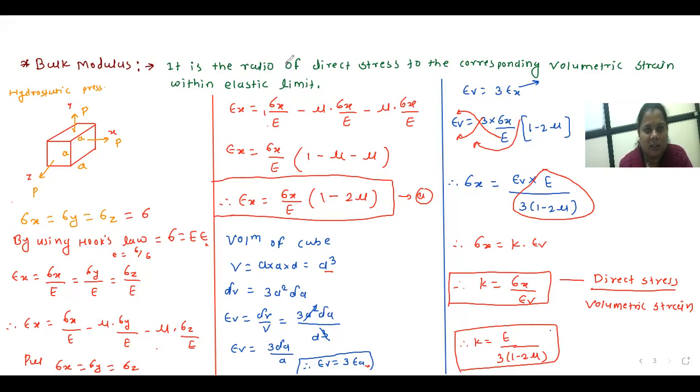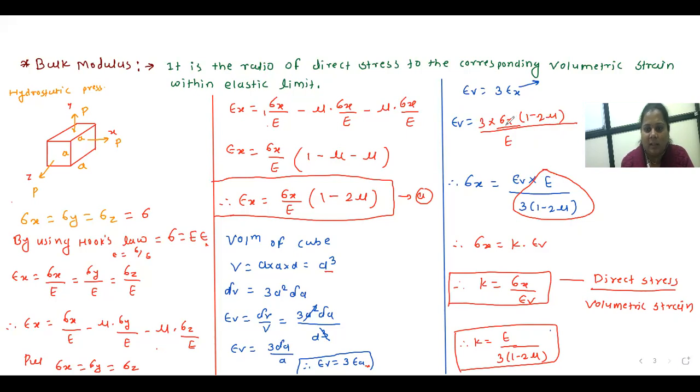I will write it likewise, so you will be able to understand easily. So here 3 into sigma x divided by E, and here 1 minus 2 mu is there. Okay, now you are able to understand easily.